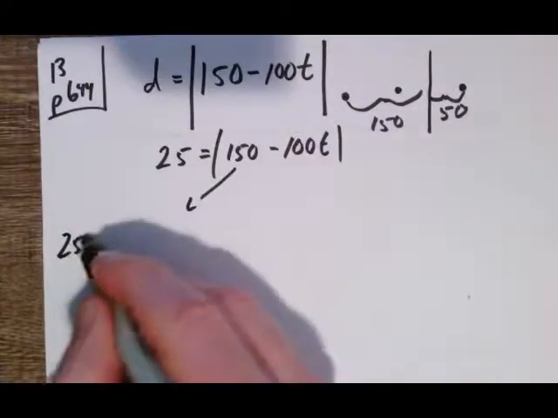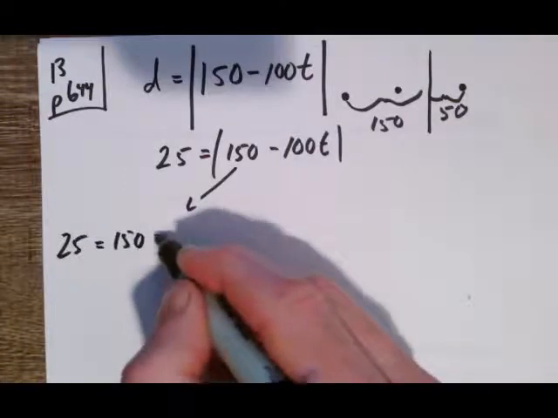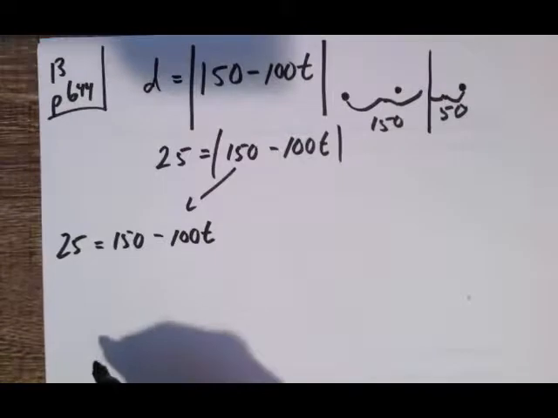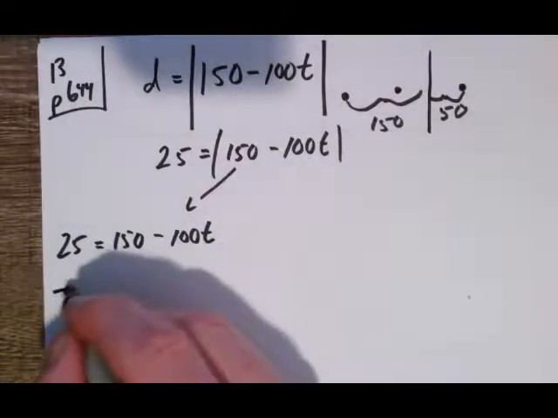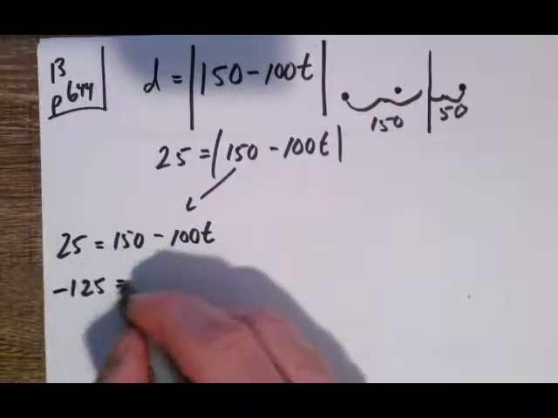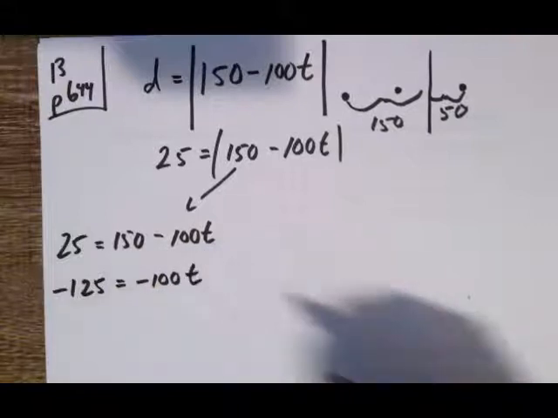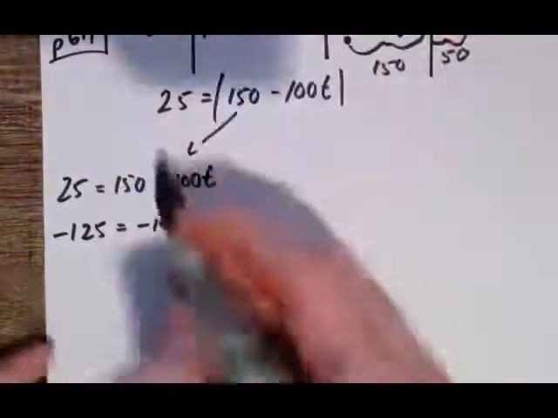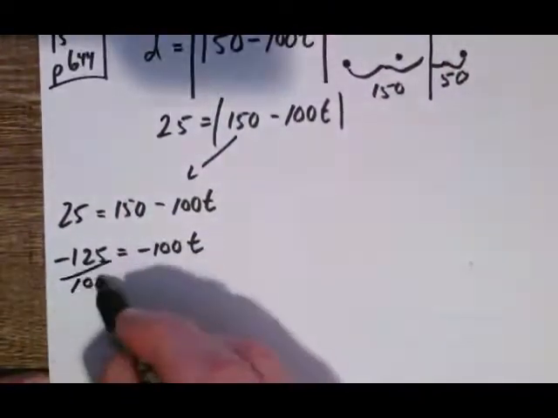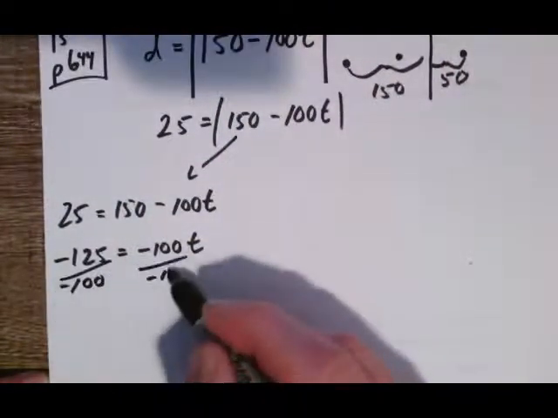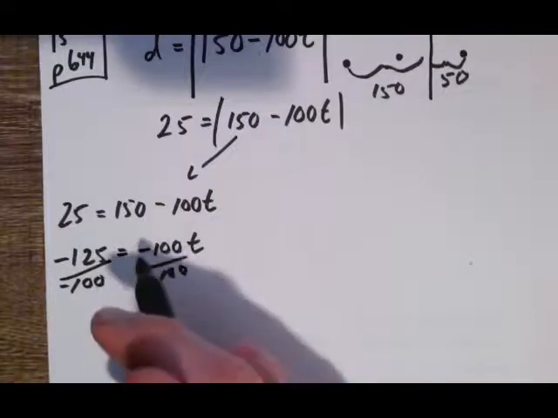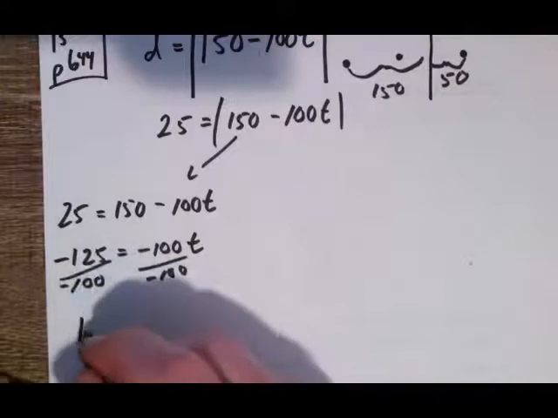So 25 equals 150 minus 100t. I'm going to subtract 150 from both sides. So it's going to be negative 125 equals negative 100t. We're going to divide both sides by 100. Sorry, by negative 100. So 125 over 100 is 1.25.